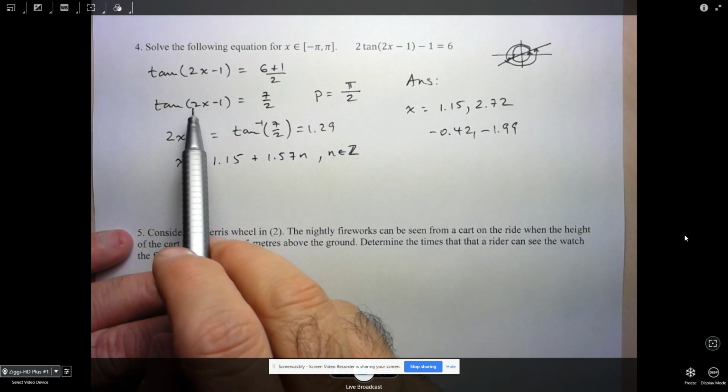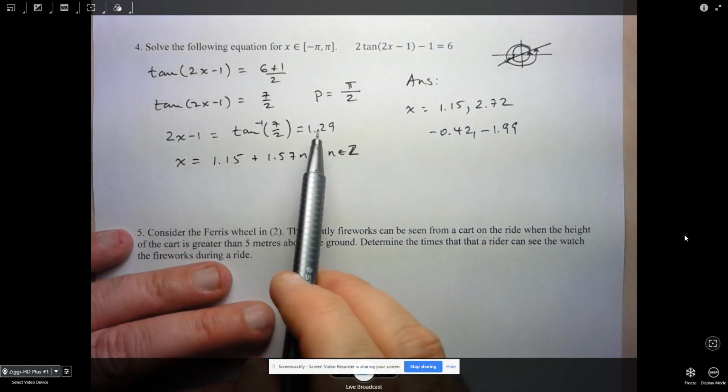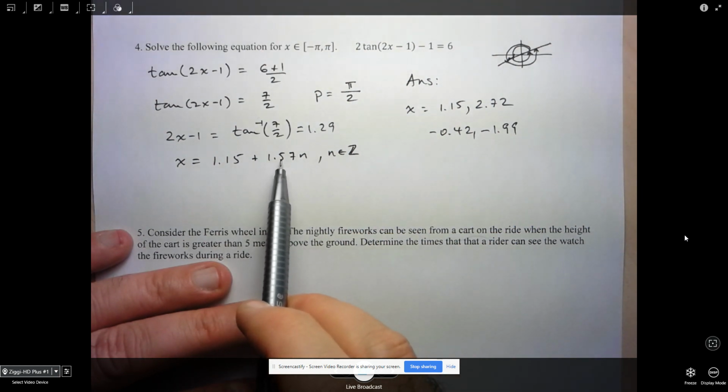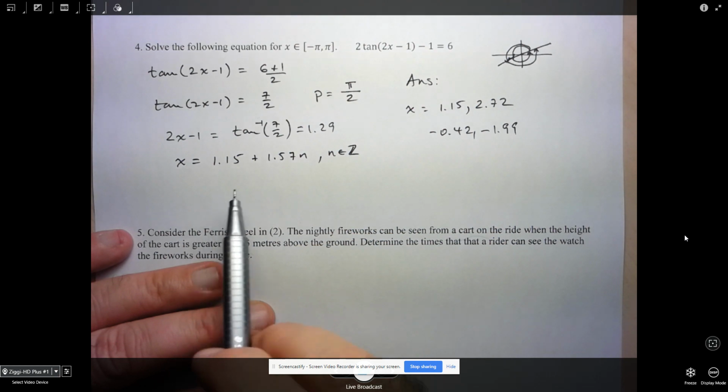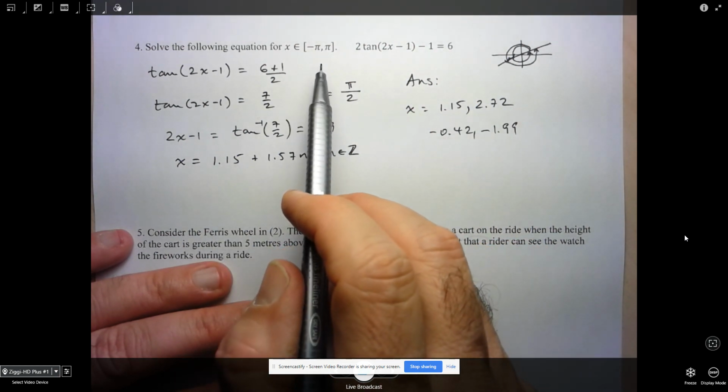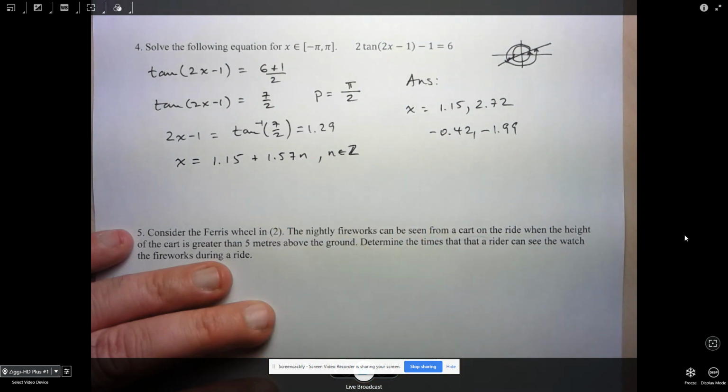So step number 1, isolate tangent. Step number 2, determine a solution using inverse tangent, and then from there add and subtract multiples of the period to determine all possible answers. And then here we determined which answers were valid for our range of values. All right, that's it for this one.